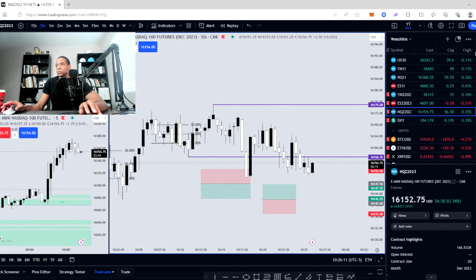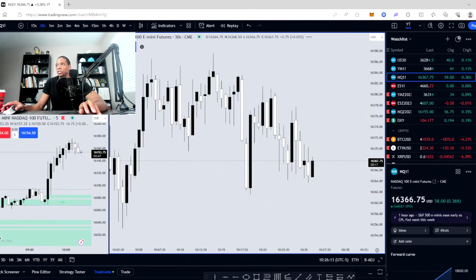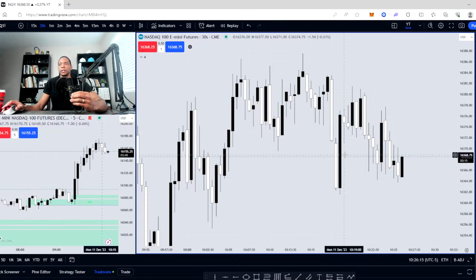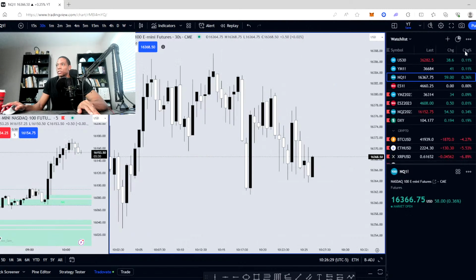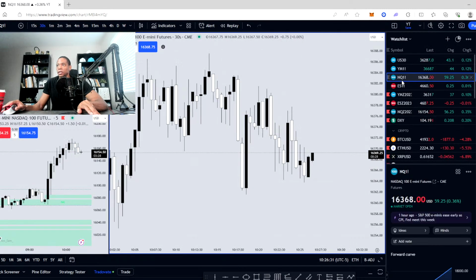But they do also have a continuous chart that every time there's a new quarterly chart, it kind of merges it together with previous information, and it doesn't have a month. It's just Nasdaq 100 futures, and the difference in symbols is this is NQ1!, whereas the December contract is NQZ 2023.